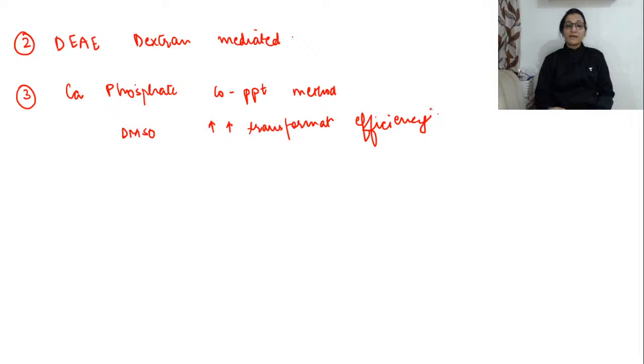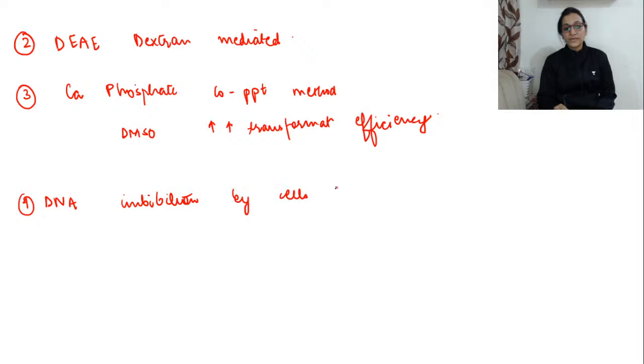Now, DNA imbibition by cells and shoots. Some workers have seriously tried to transform the cells by incubating the cell suspension, tissue, embryo and even seeds with DNA.